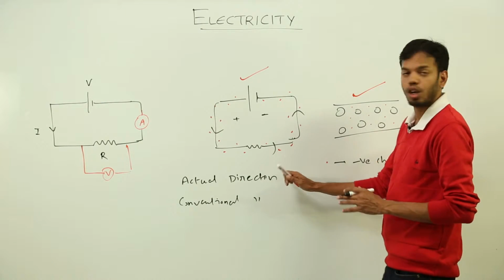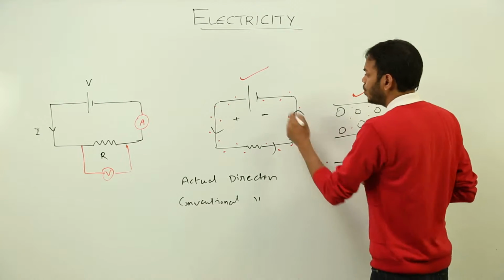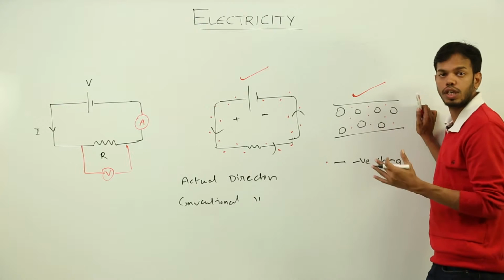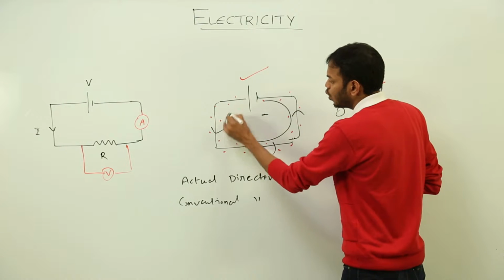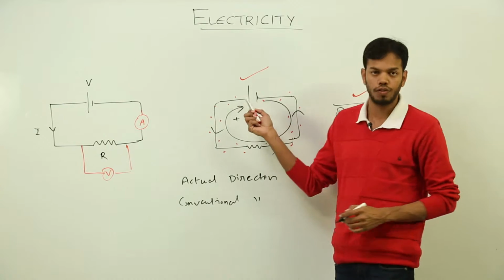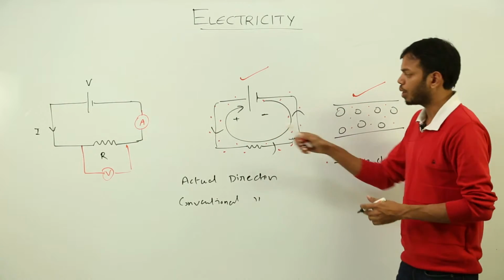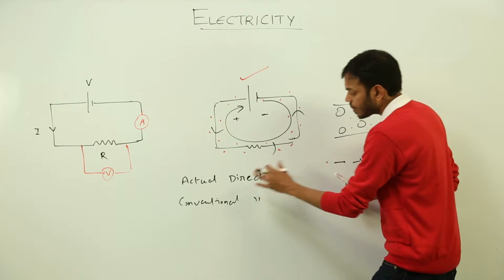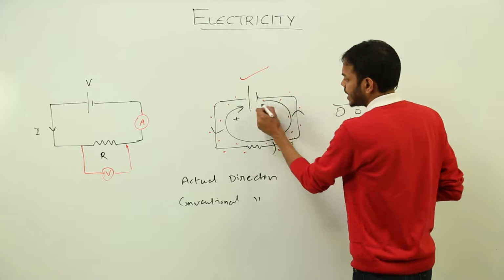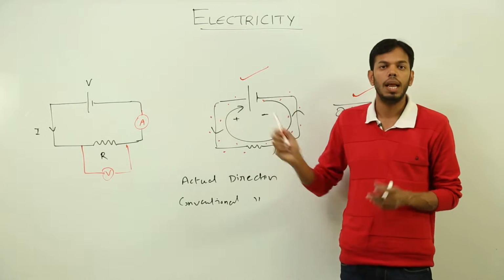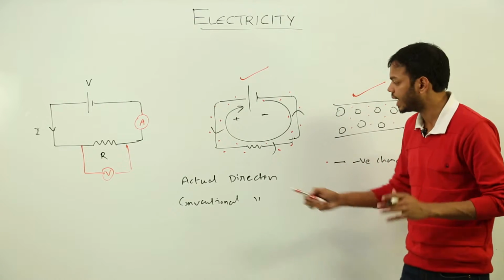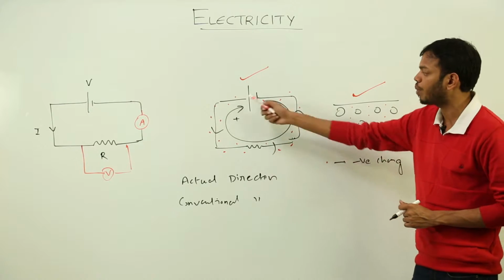The actual direction of current is from negative to positive, because these electrons are negatively charged, and negatively charged particles are always going to go towards the positive terminal of the battery or the cell because of the attraction. But we do not take the real direction of current, which is from negative to positive. We take the conventional direction of current, which is from positive to negative.